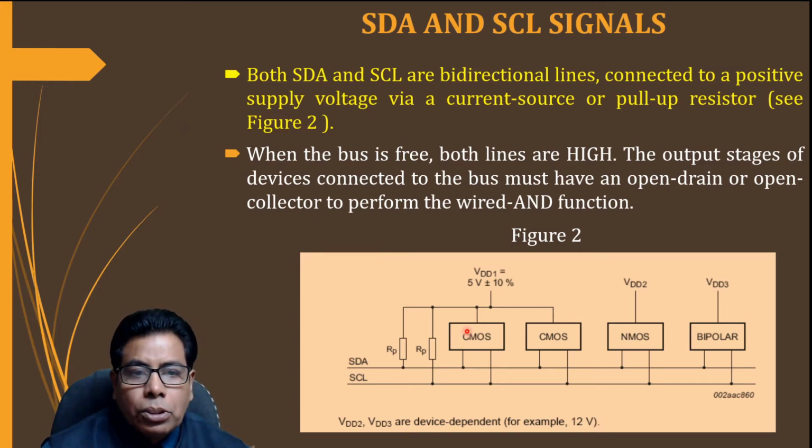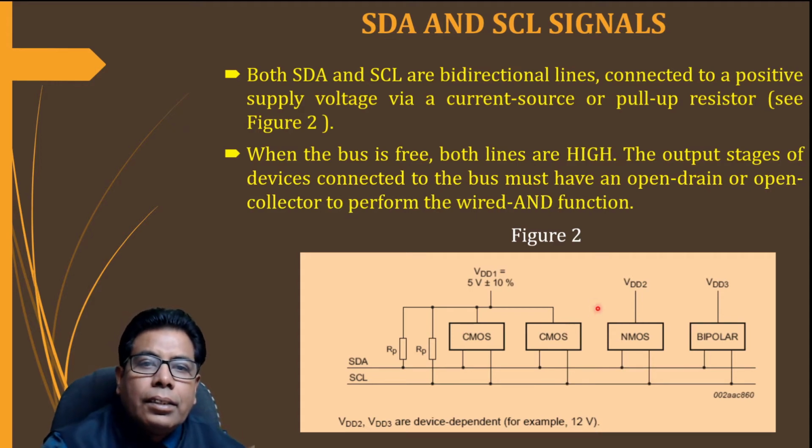These are the two possibilities. When the bus is free, both lines are high, and the output stage of the device connected to the bus must be open drain or open collector, depending on the different families, it will be either open drain or open collector.